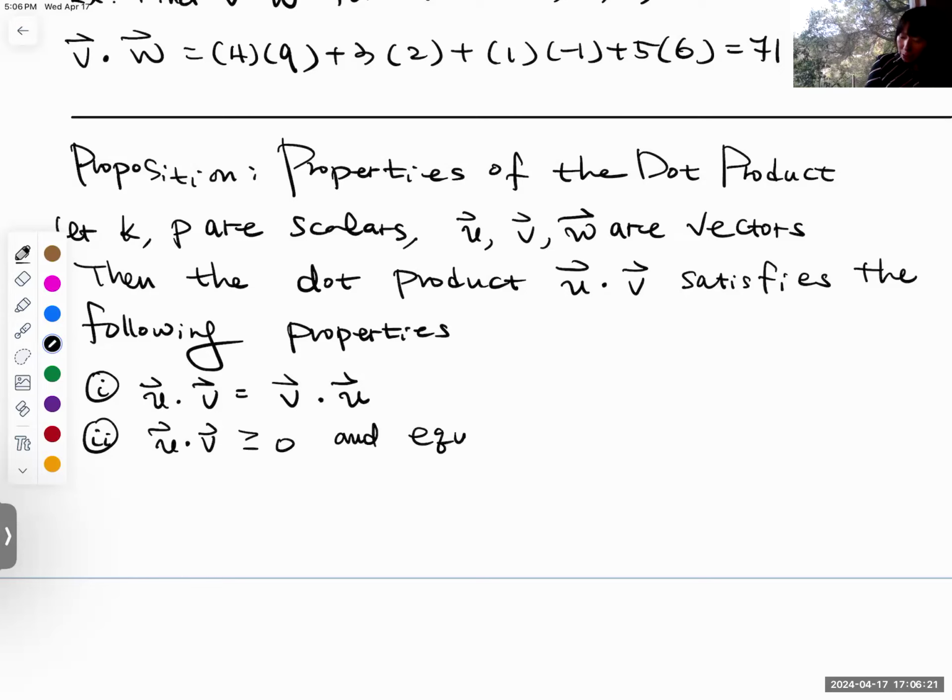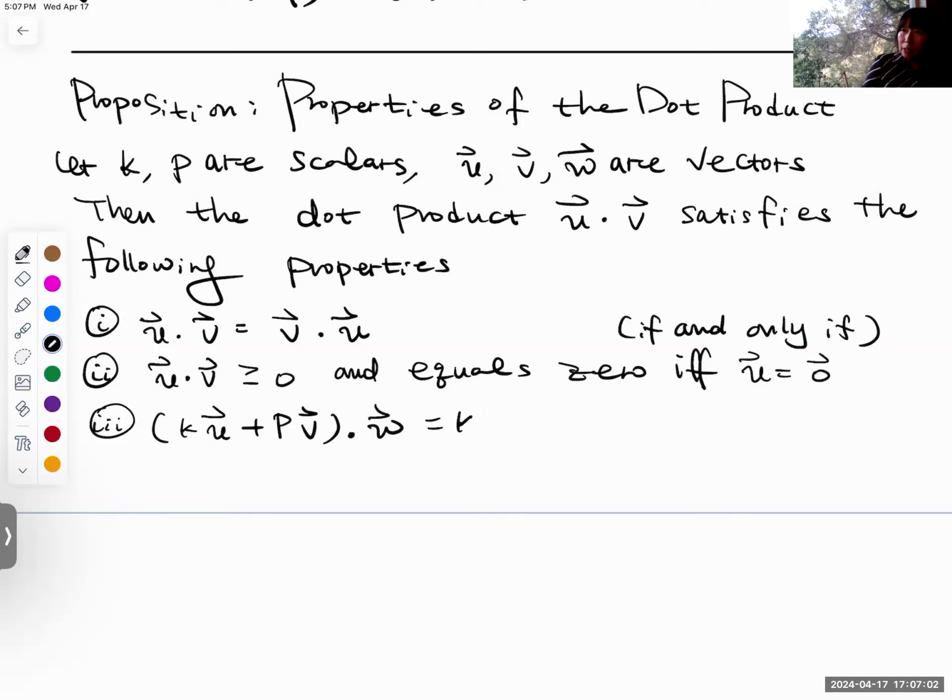And third one, we have kU plus pV dot product with W. Then we can do it this way. So that will be k, oops, k times the dot product of vector U with W, plus p times the dot product of V with W, right?